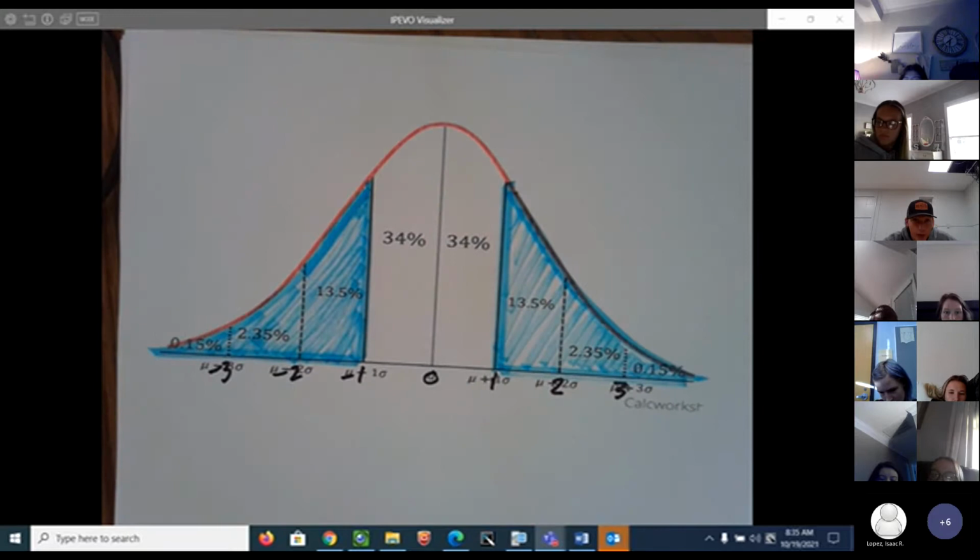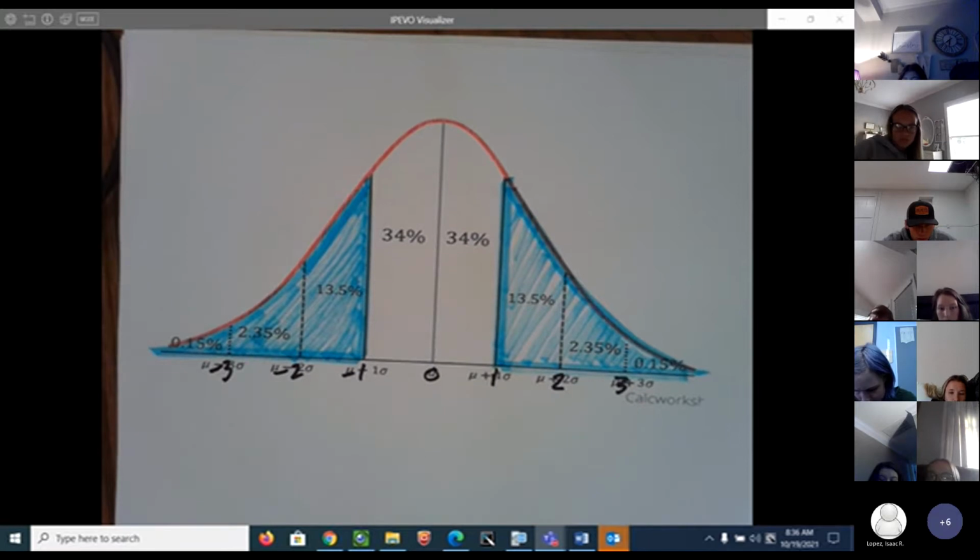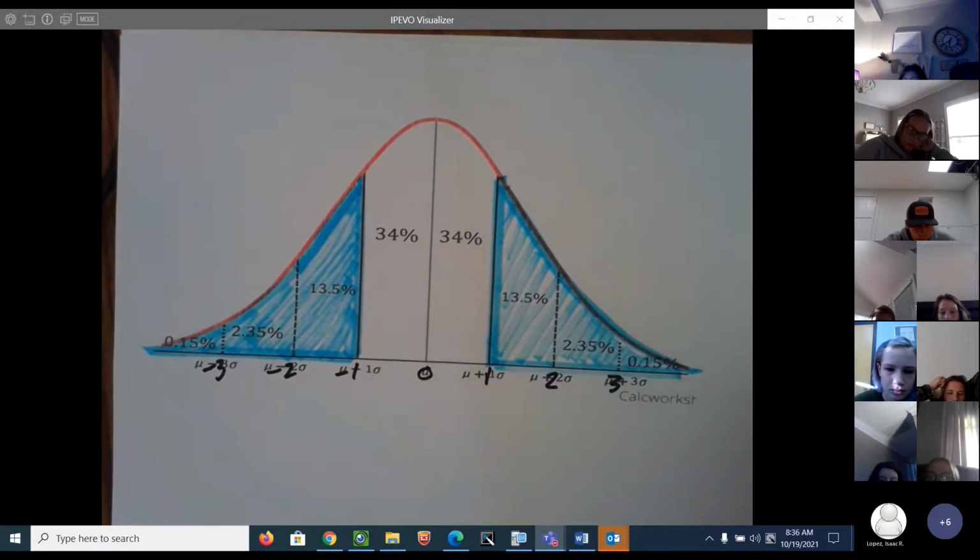What can you tell me about these two? I'm looking for a mathematical word. What are they to each other?